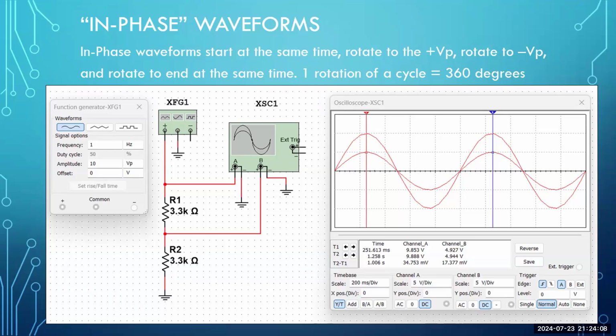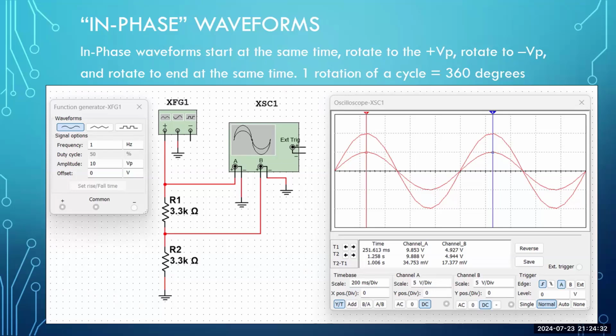Okay, so in phase, that simply means both of these waveforms hit a positive peak at the same time. Both of these waveforms reach a zero at the same time, as you can see. Both of these waveforms reach a negative volts peak at the same time. And then they come back to zero at the same time and then continue along their merry way to hit a positive peak at the same time.